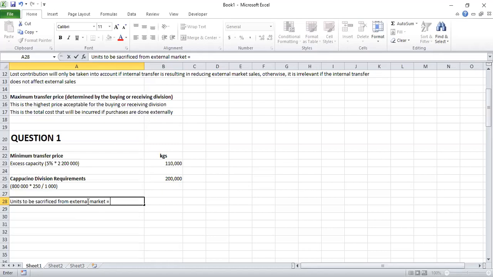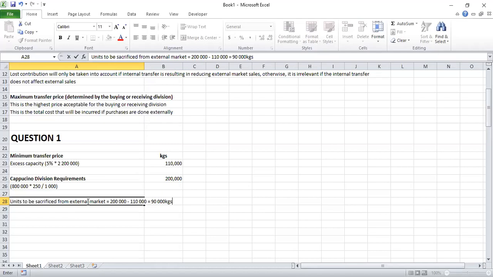So 200,000 minus 110,000 is 90,000 kg. For us to supply them, we have to cut our market. So from our external market, we will not supply some customers who are buying 90,000 kgs and reallocate those 90,000 to the cappuccino division, in addition to the 110,000 capacity that we have.